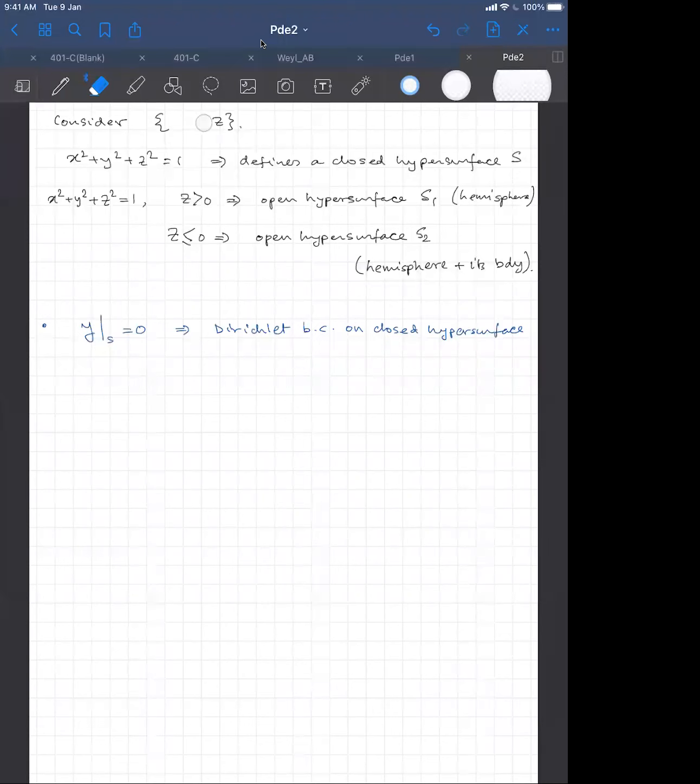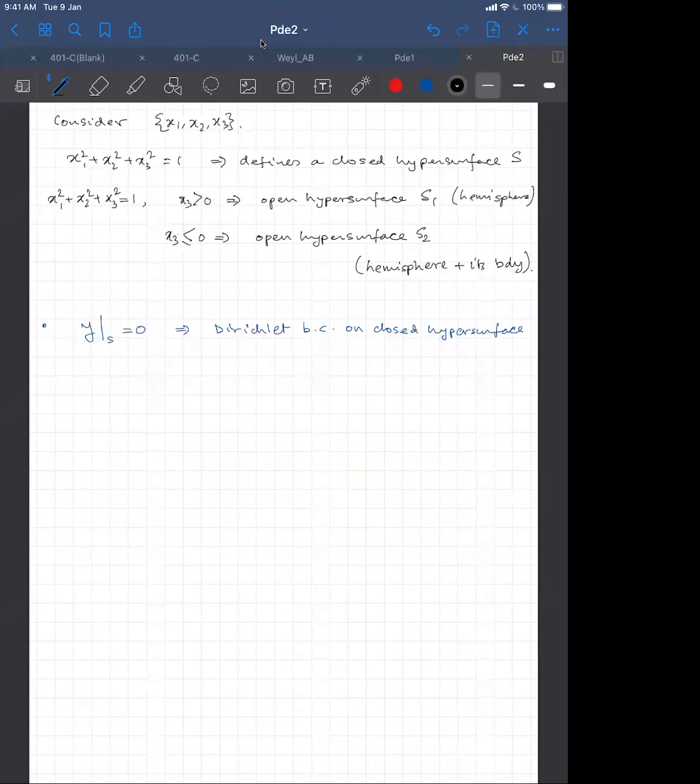So let's call these x1 squared, x2 squared, and x3 squared, x1, x2, x3.